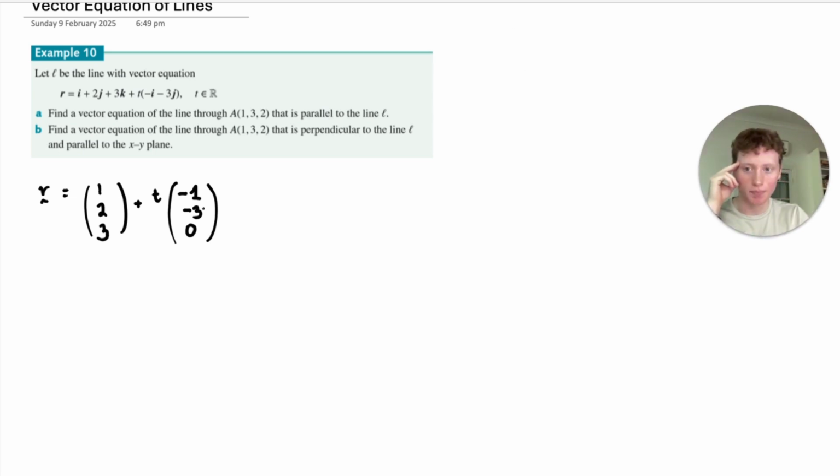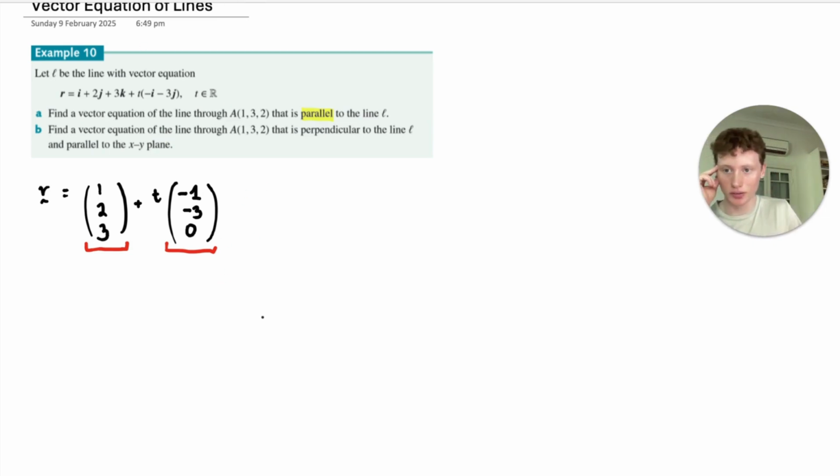I've drawn our original vector here, and that's got a component that is a direction vector and a position vector. For part A, if we're looking for something that's parallel to the original line, because this is representing a line, it's got to have the same direction vector.